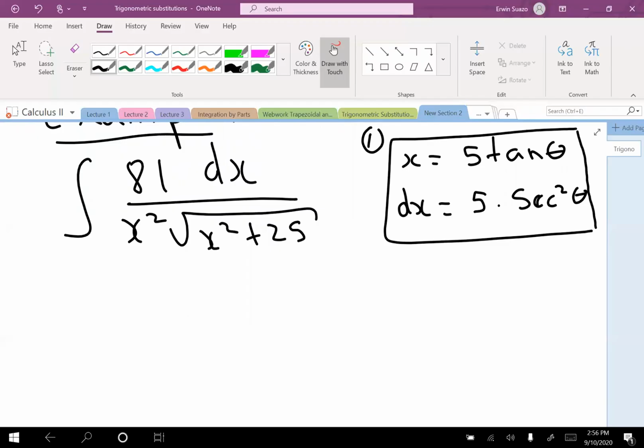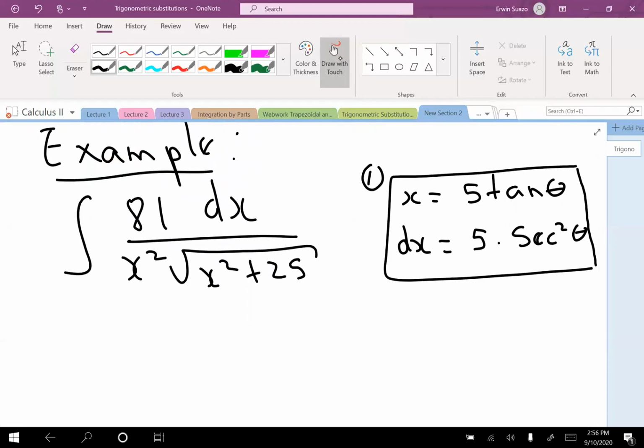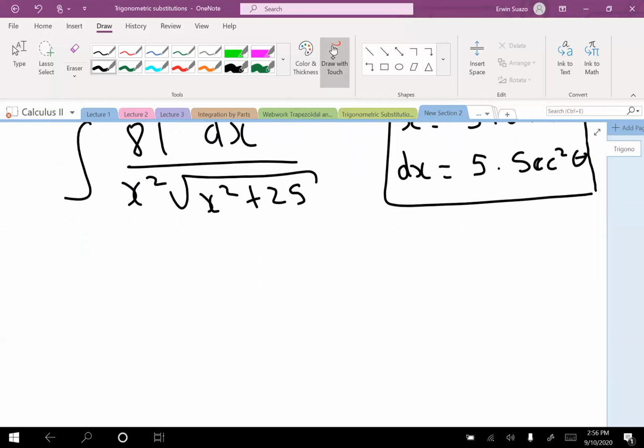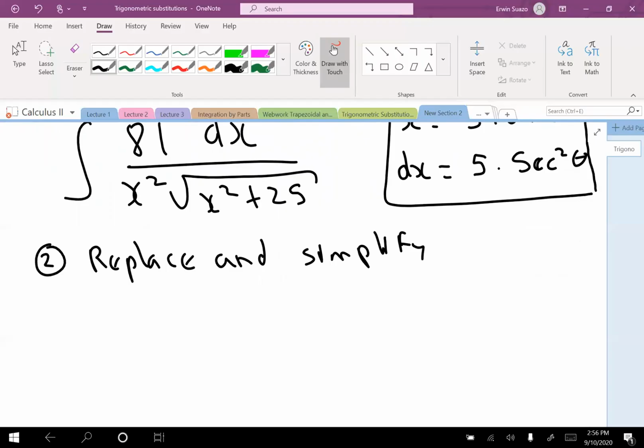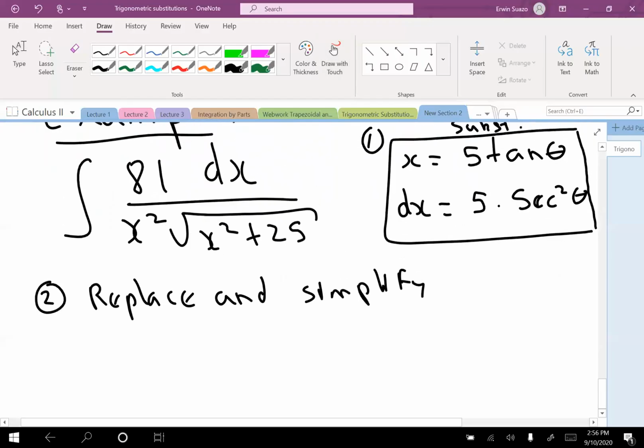Now my second step is to substitute. So first step, choose your substitution. Second step, replace your value of x and simplify.